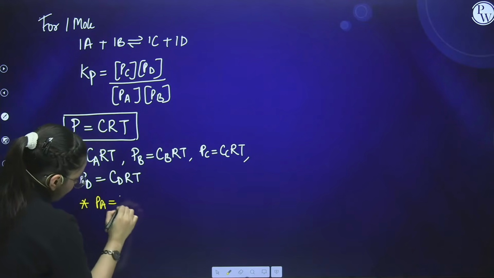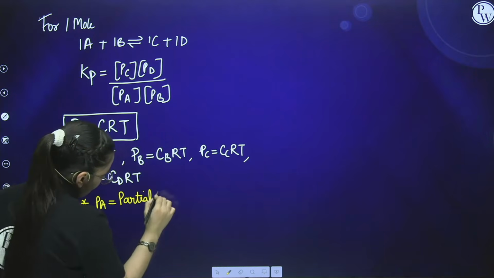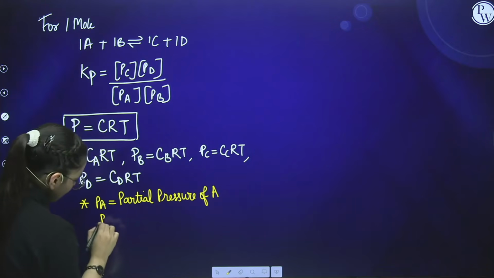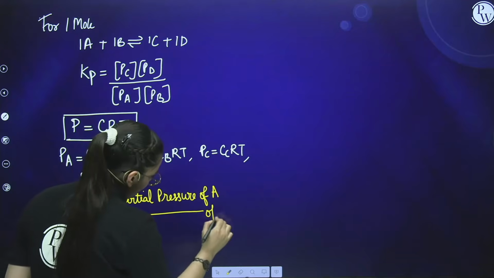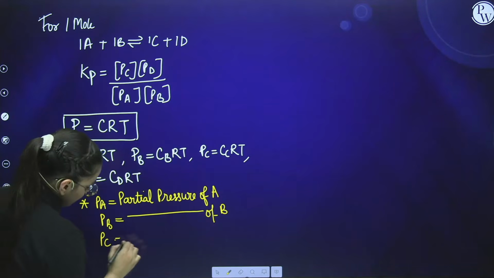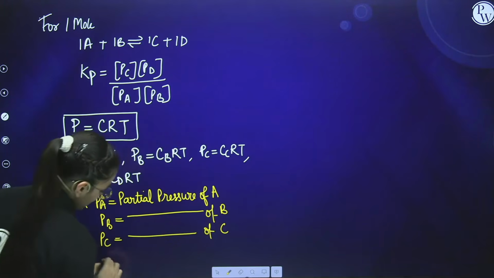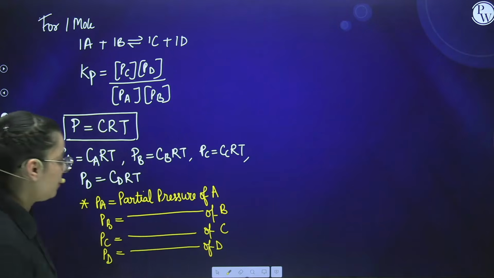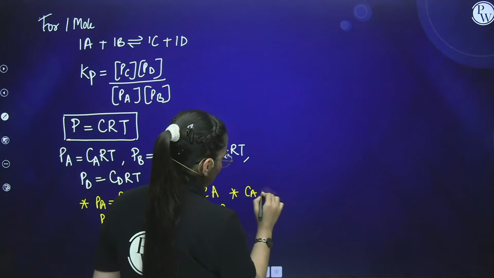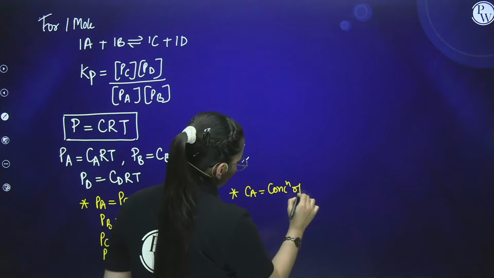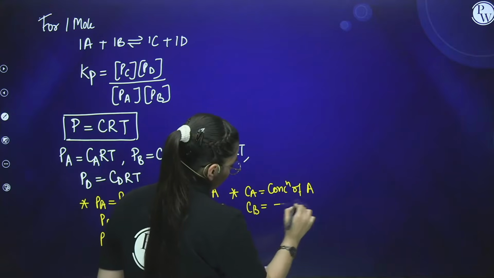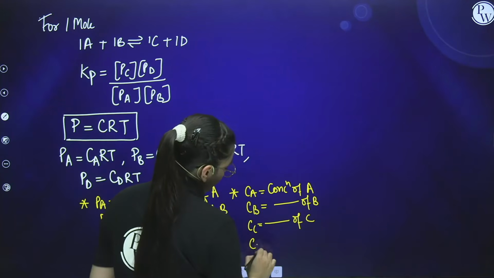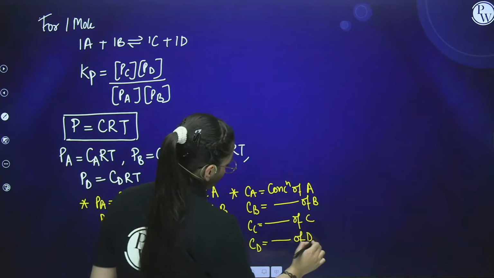Here PA is partial pressure of A. PB is partial pressure of B. PC is partial pressure of C. And PD is partial pressure of D. Other than this, here CA is concentration of A, CB is concentration of B, CC is concentration of C, while CD is concentration of D. Right?